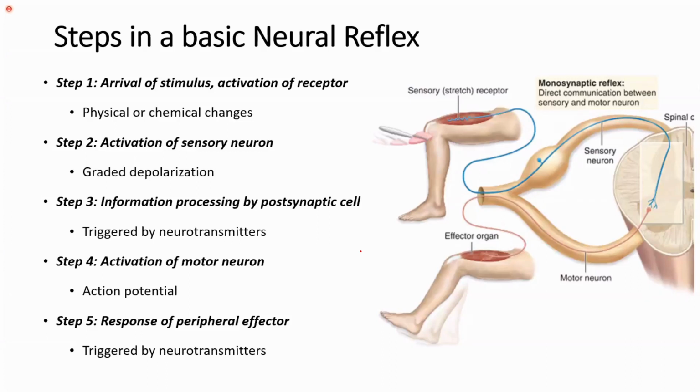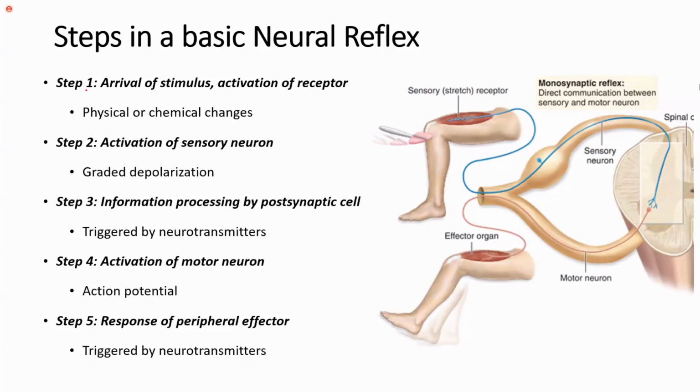Yes, very good. But what is the name of the receptors found inside our muscles? Muscle spindles, very good. The muscle spindles are the sensory receptors inside our skeletal muscles.